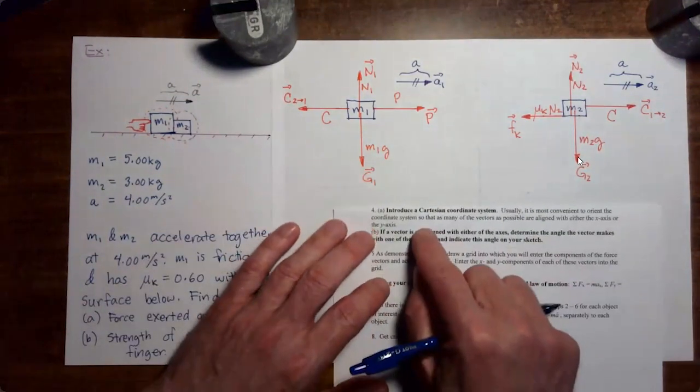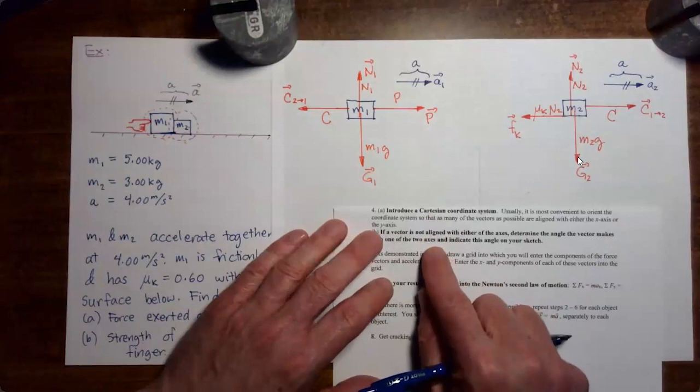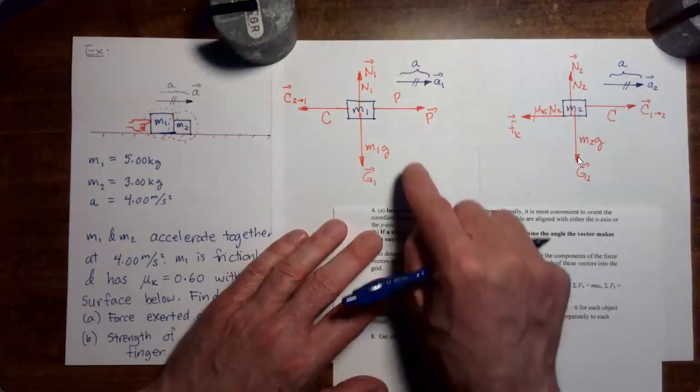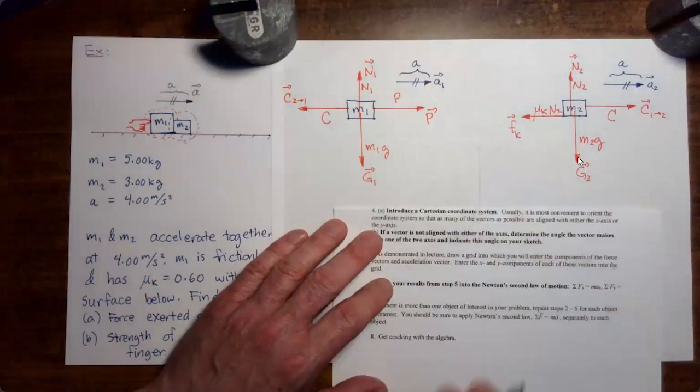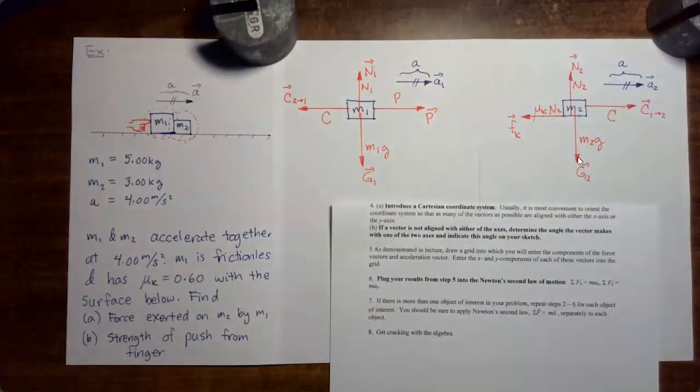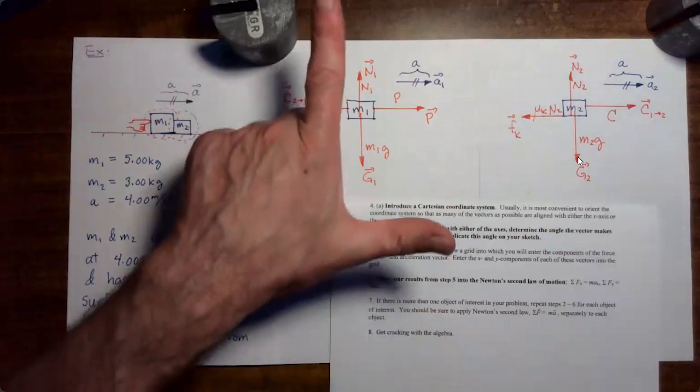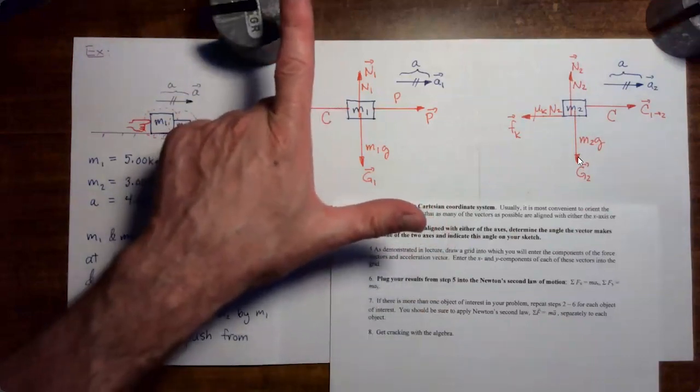Now we go to step 4, which is to introduce Cartesian coordinate systems. Now, in principle, we can give different coordinate axes to each of the masses. But if you look at the figure here, I think it's pretty clear that we want to use standard orientation for each of the masses.